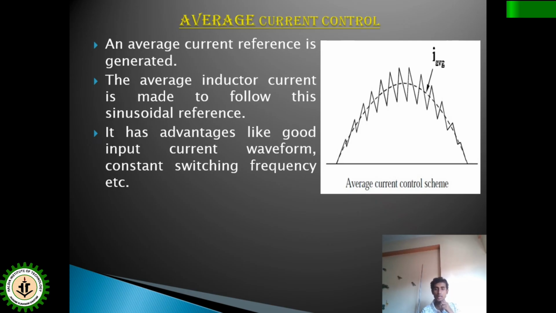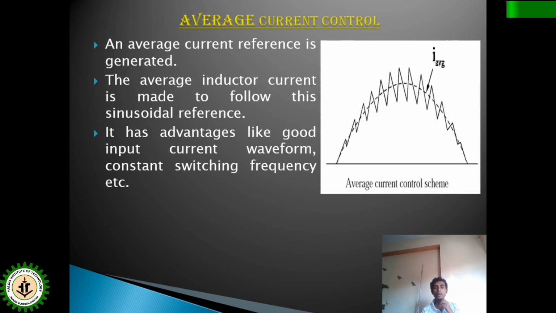So as we can see, when the inductor current increases a little beyond that reference I average, the switch will be turned off so that the inductor current decreases. Again, after a certain time, when it falls below the average within a certain range, the switch will again be turned on so that the current increases.